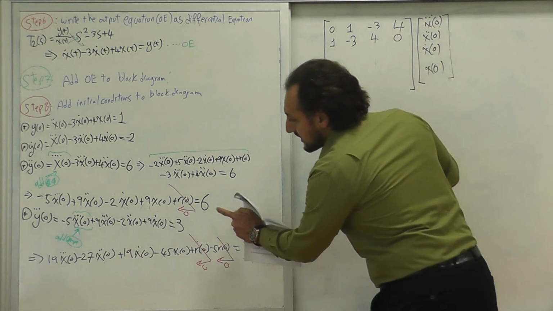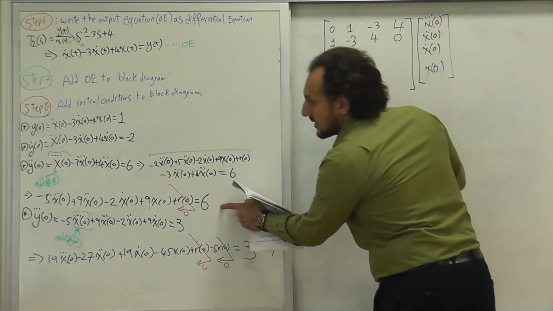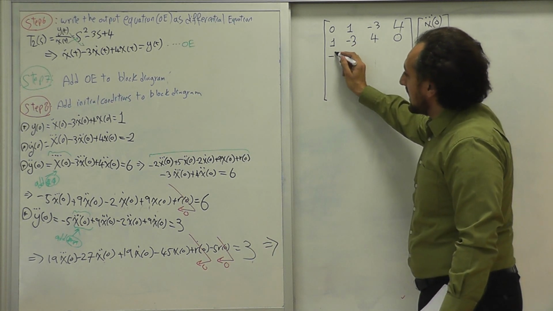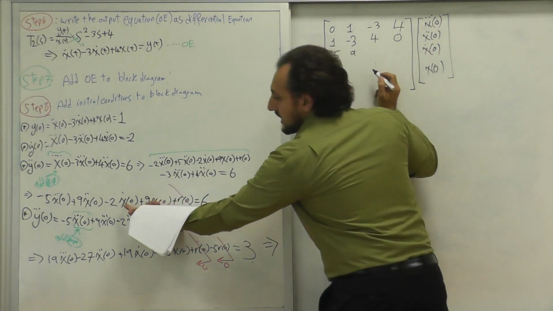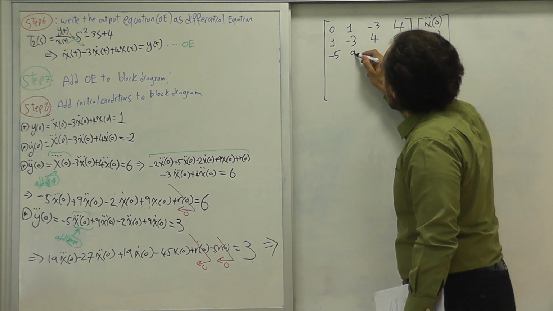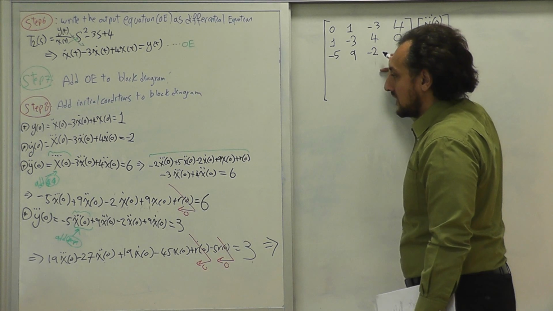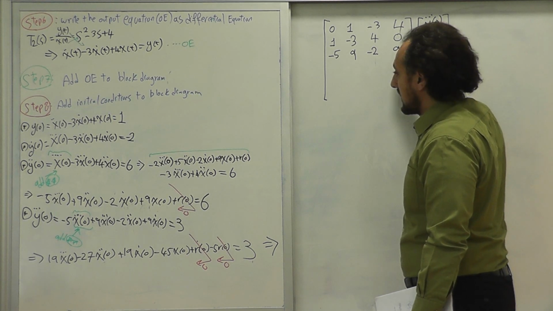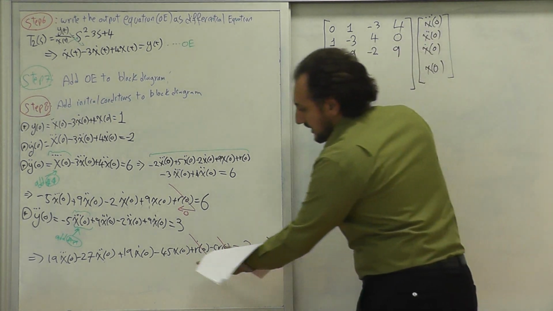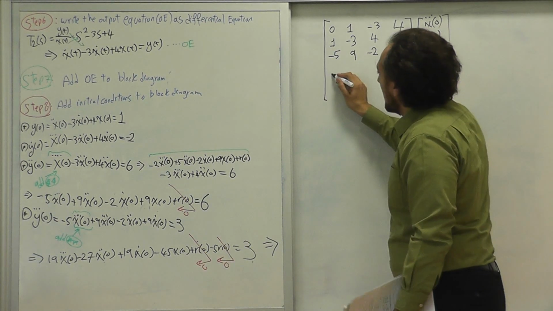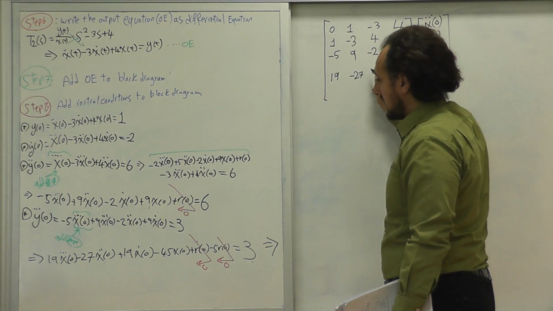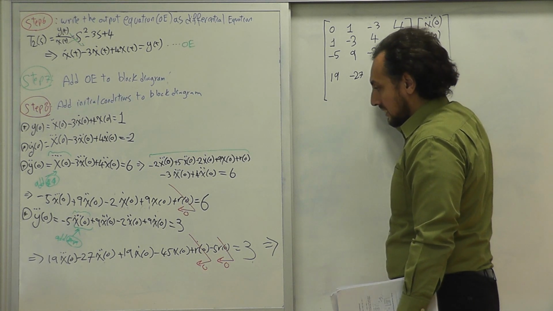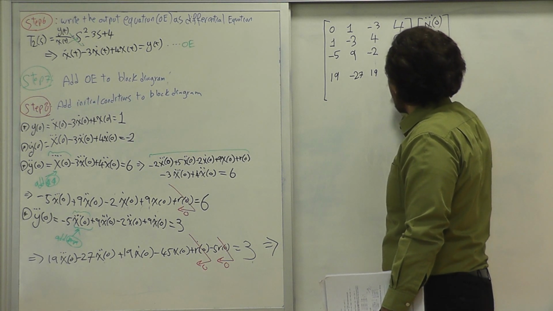Let's go for this equation. x3 dot minus 5, x2 dot 9, x dot minus 2, and x is 9. Finally here, 19, minus 27, 19 and minus 45.